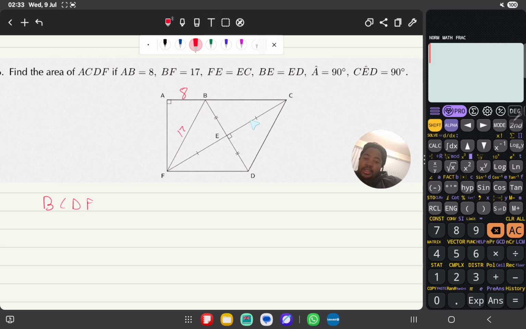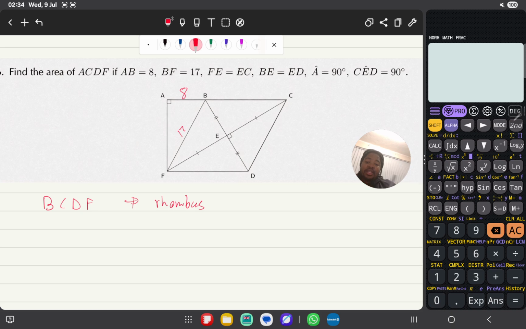The diagonals, this equals this equals that, being the midpoint, and there being a 90-degree angle. Therefore, this is a what? It's a rhombus, right? This is a rhombus.